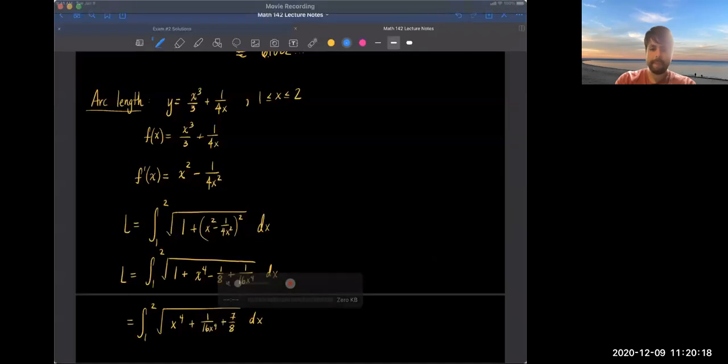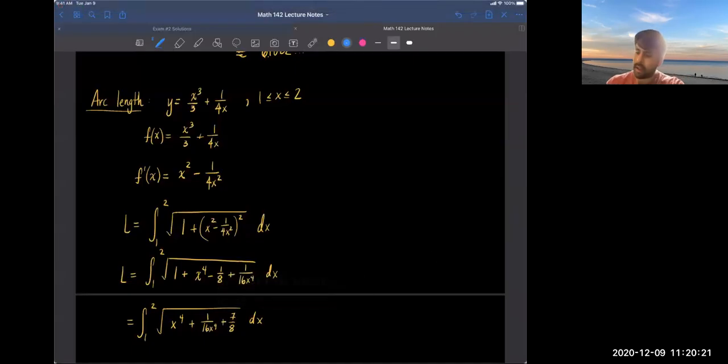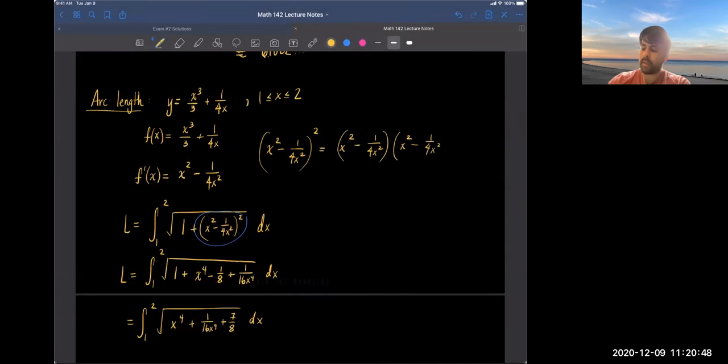Okay, so let's go back to the problem that we were having with the other one. And there's something that I think I have messed up with. I think you're right. So if I take this portion here, I think this is where I went a little too fast. So x squared minus 1/4 x squared. If I square this, it is the same thing as saying x squared minus 1/4 x squared multiplied by x squared minus 1/4 x squared.